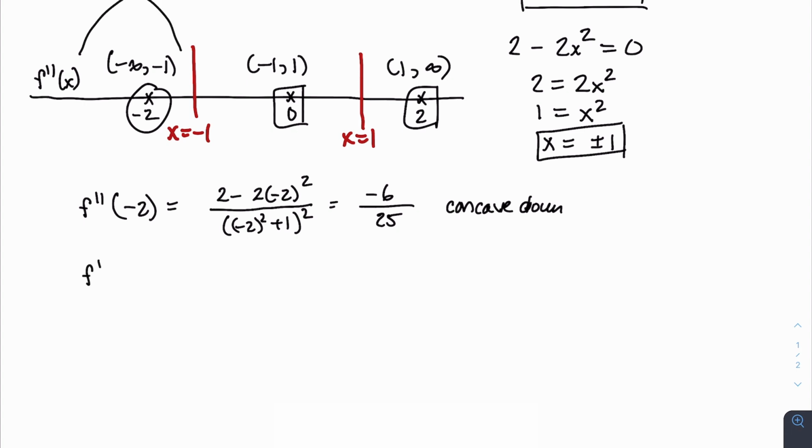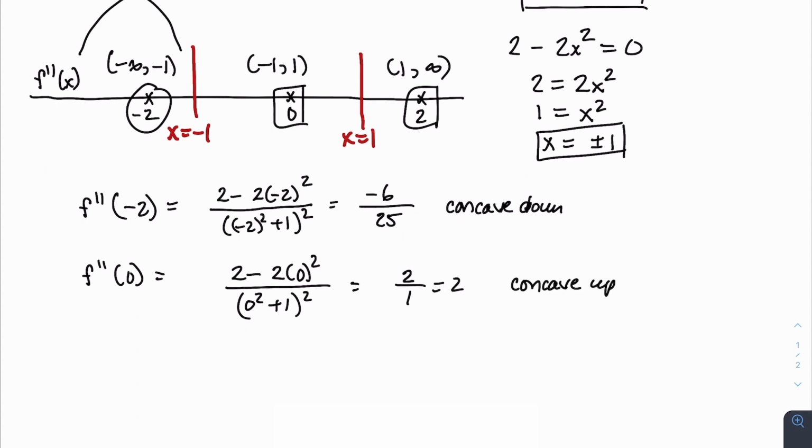Okay, at 0, we have 2 minus 2 times 0 squared all over 0 squared plus 1 squared. Now, after you work with all the zeros there, the numerator is 2 and the denominator is 1, which is 2, which means we're concave up. So we are definitely transitioning between concavity types there.